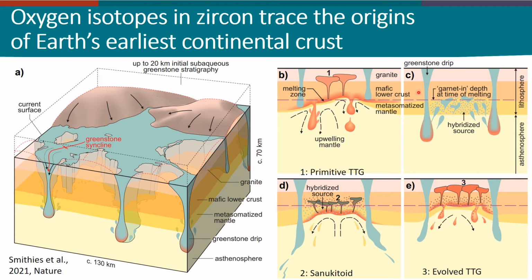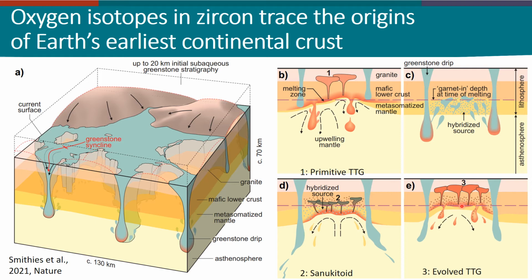Greenstone that dripped into the mantle released oxygen-enriched fluids and hydrated partial melts that metasomatized the lithospheric mantle. Under extension, the metasomatized lithospheric mantle melted to produce large ion lithophile element, thorium, and light rare earth element enriched hydrous sanukitoids. The sanukitoid infiltrated and mingled with ductile mafic lower crust to form the hybridized source for the oxygen-enriched evolved TTG.